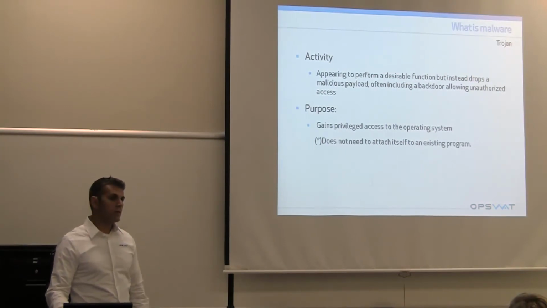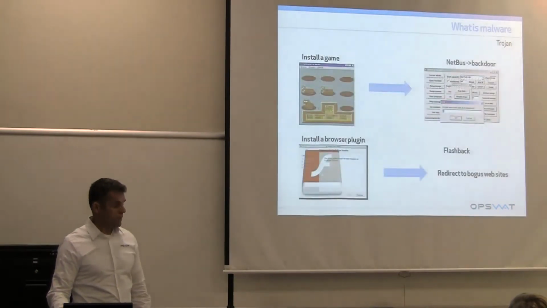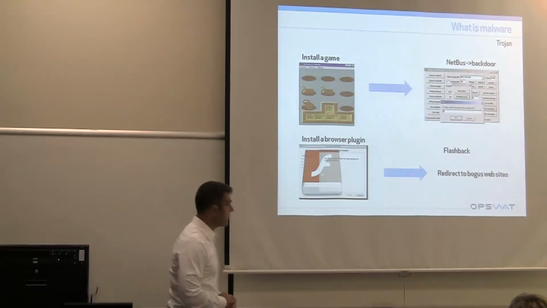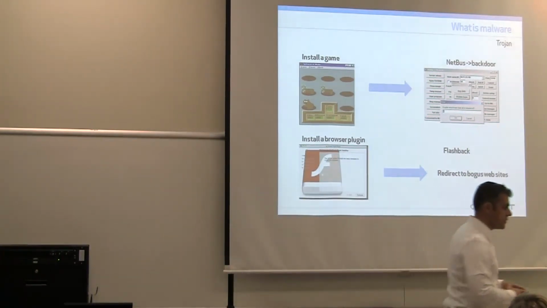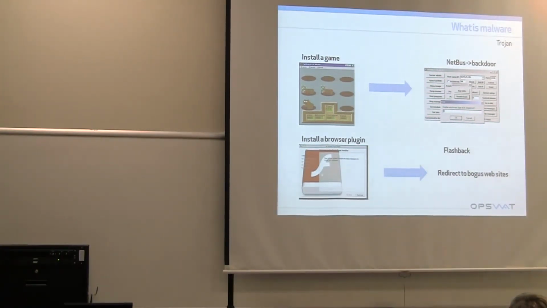It's very common, and it's put together with a backdoor. I'll give you two examples. The first example of a Trojan Horse is NetBus. I got in trouble for researching that.